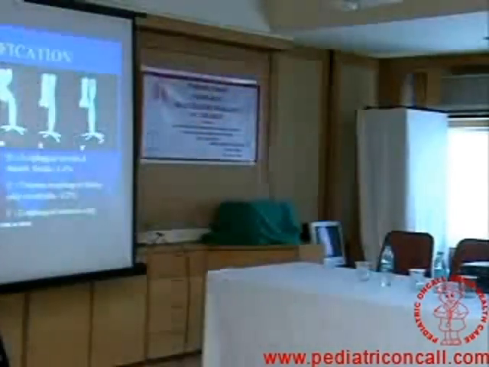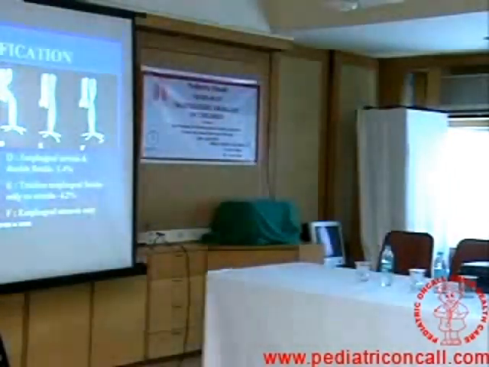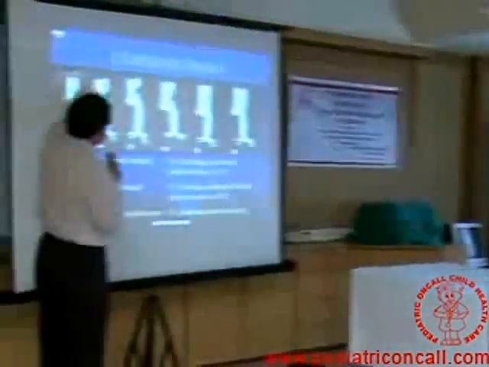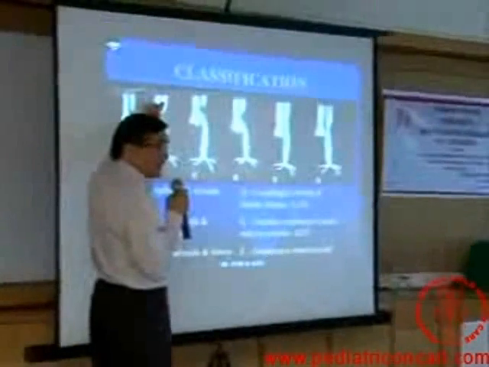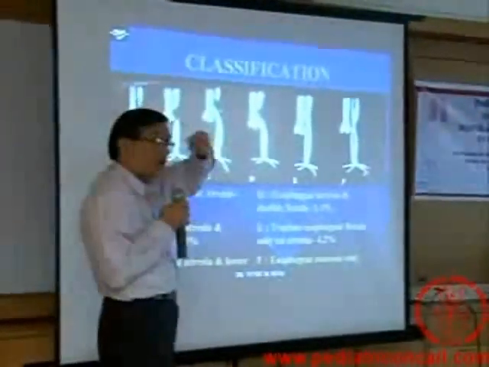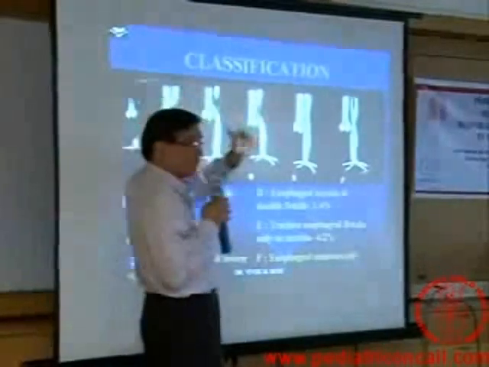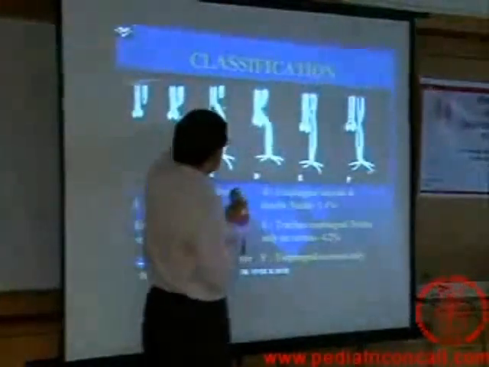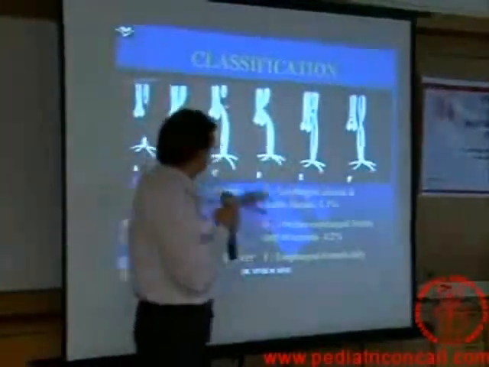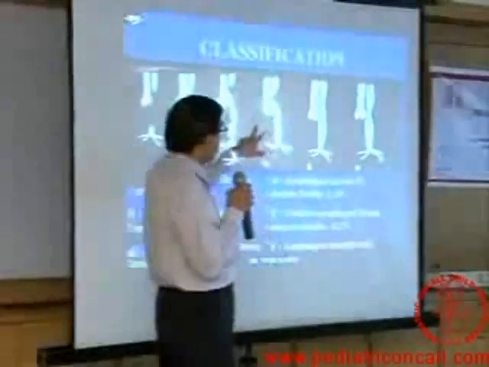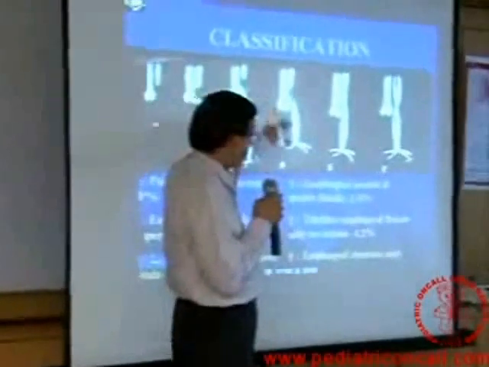In the first case, this is a pure atresia, there is no fistula. In this, there is an atresia because there is a disconnect, plus there is a fistula of the upper pouch. In this, there is a disconnect, so there is esophageal atresia with fistula of the lower pouch. This has both upper and lower pouch fistulas.